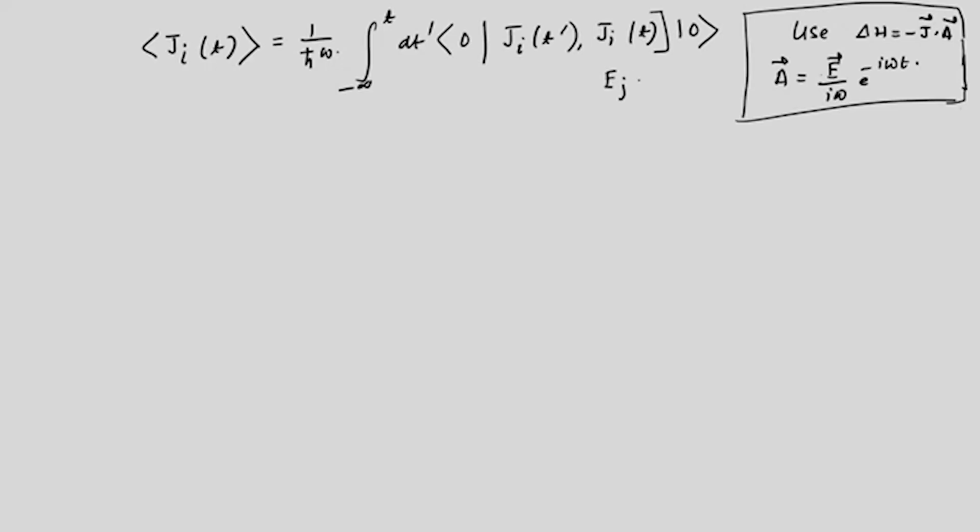So, this is E_j exponential of minus I omega t'. Okay. So, the commutator of delta H(t') and J(t) takes this form, because delta H is nothing but J dot A, and then you use the relation for A which we have assumed within a certain gauge, and so this is equal to the commutator of J_i(t') and J_j(t).